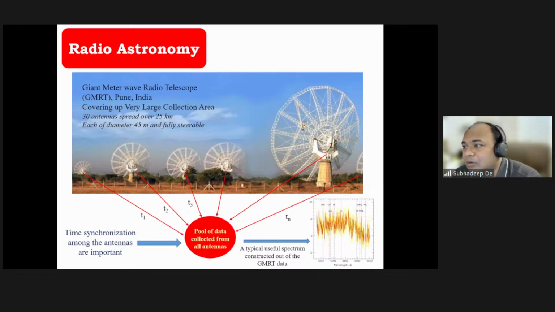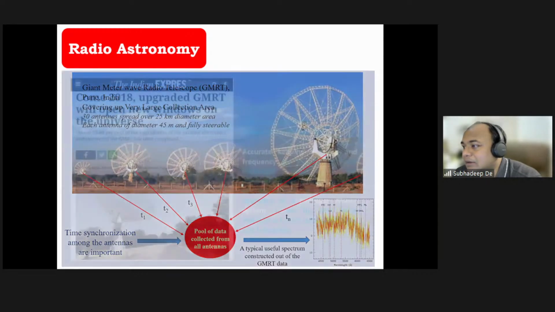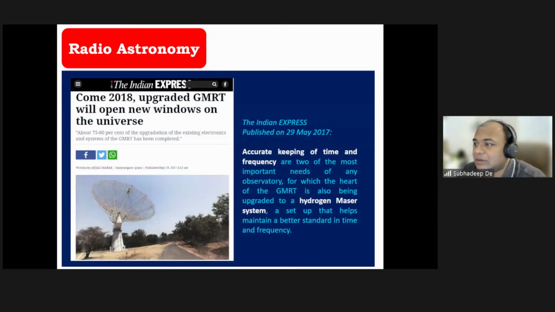As an example, I told you about the GMRT, and let me tell you, this was a news article in 2018 in the Indian Express. They are saying accurate keeping of time and frequency are two of the most important needs of any observatory, for which the heart of the GMRT is also being upgraded to a hydrogen maser.